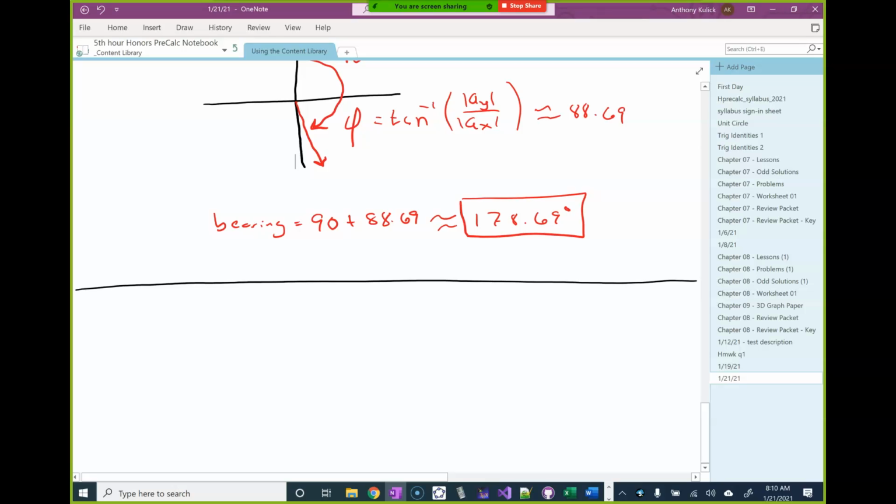So the next idea that we want to talk about is ways to break up a vector into orthogonal components. This is something that we did in a trivial way last time, right? For example, if we had the vector 3, 4, we could break that up into the vector 3, 0 and 0, 4.